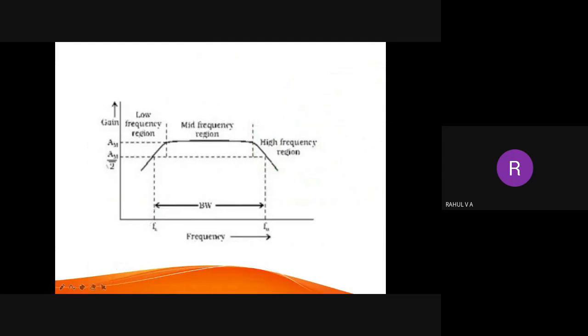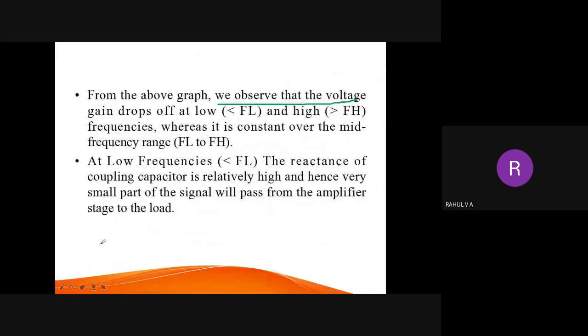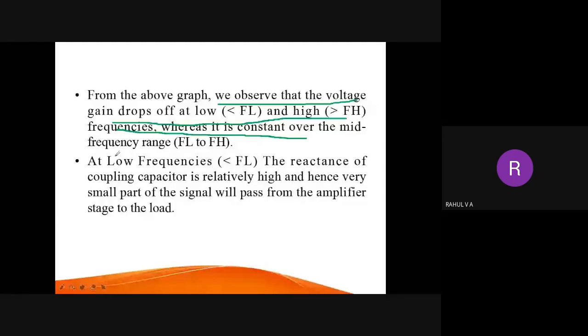And from the above graph, we observe that voltage gain drops at low frequency and high frequencies, where it is constant over mid frequency. At low frequency, the reactance of the coupling capacitor is relatively high, and hence very small part of the signal will pass from amplifier stage to load or input to the transistor.